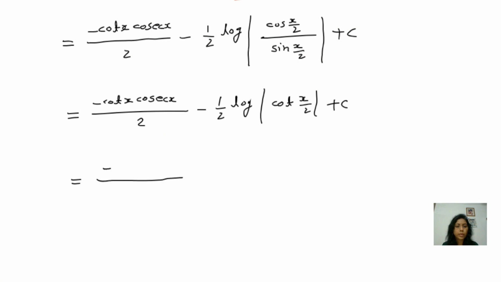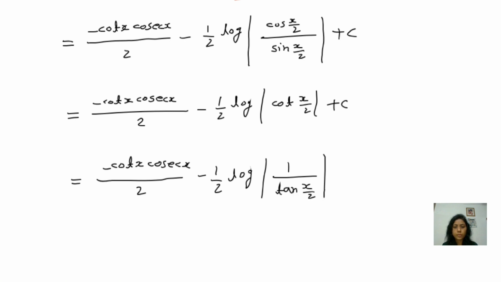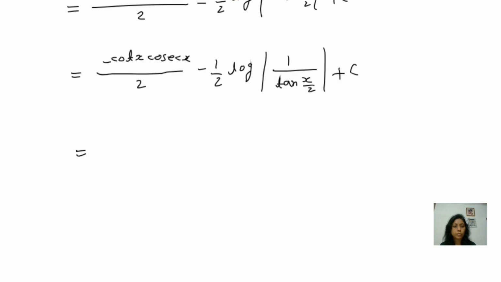Minus cot x cosec x divided by 2, minus 1 upon 2 log. Here we can write 1 upon tan x upon 2, plus c. So here we can use the log property, but the first term we write as it is.